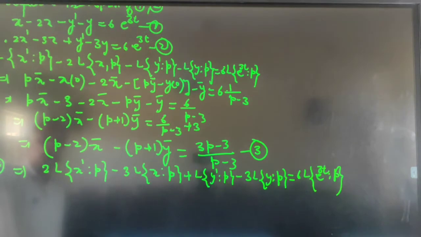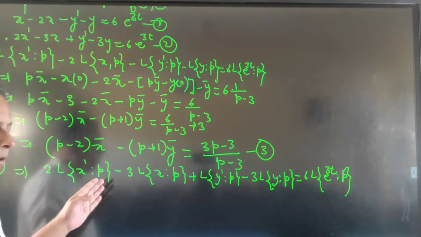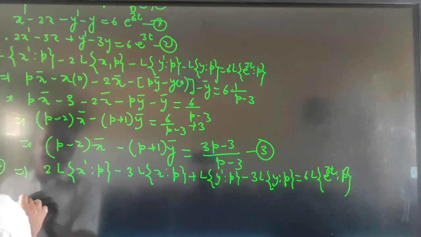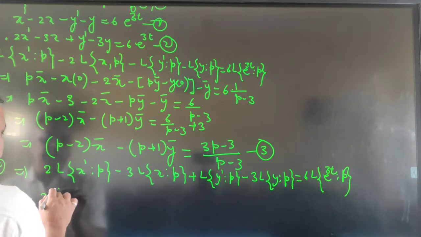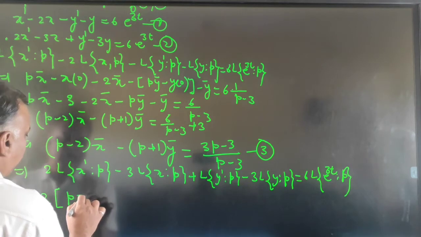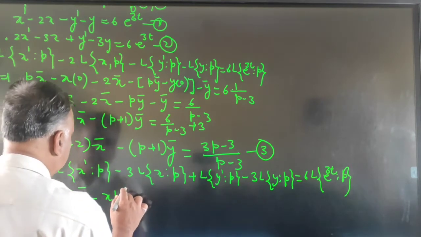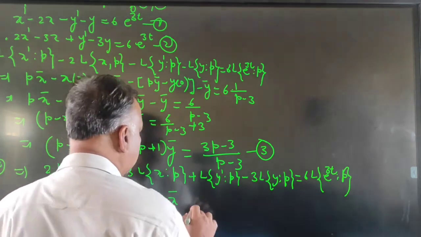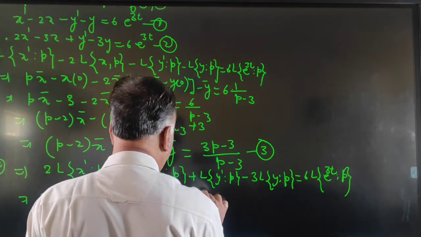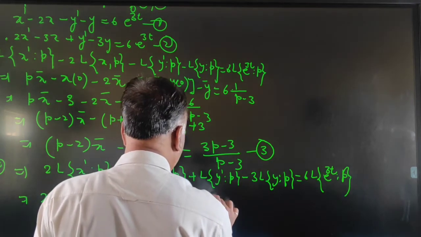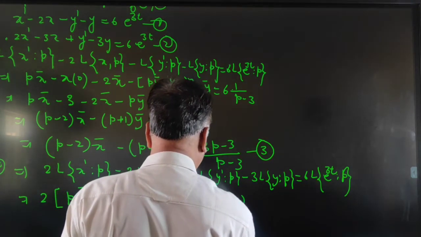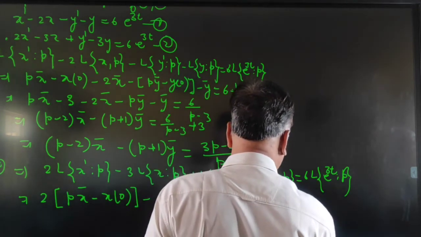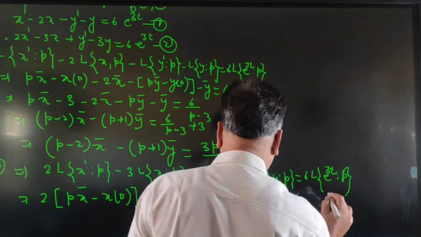Now, putting the values of the formula of the Laplace transformation of x dash and y dash, we get 2 into p x bar minus x0 minus 3 x bar plus p y bar minus y0 minus 3 y bar is equal to 6 upon p minus 3.